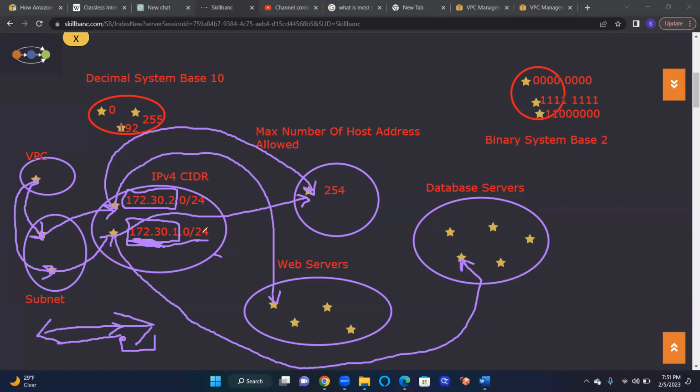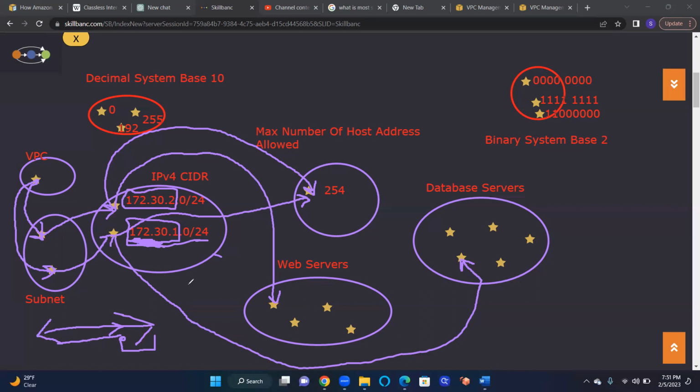So I can say 16, I can say 24, I can say 20, whatever number you want, but we have to say between 16 and 28. That we will talk about at a later time.